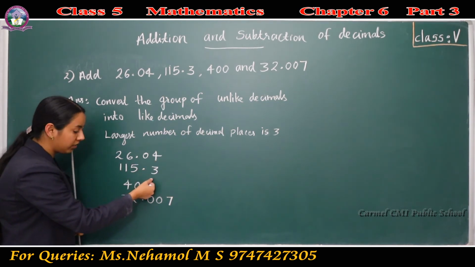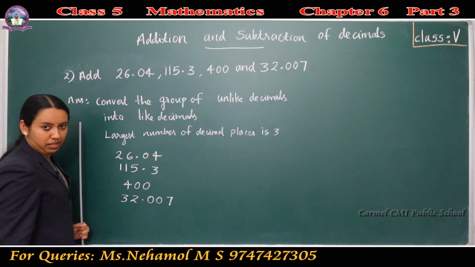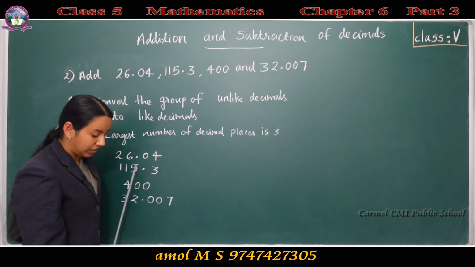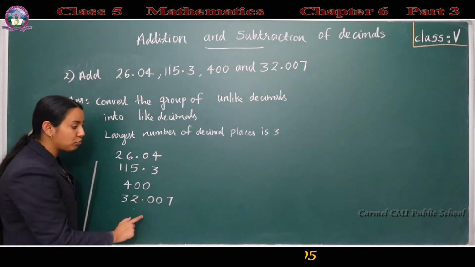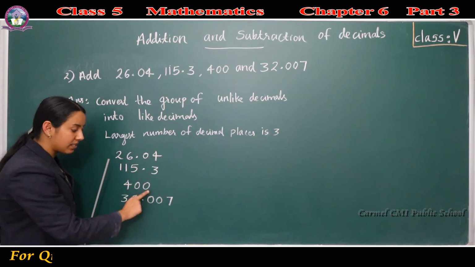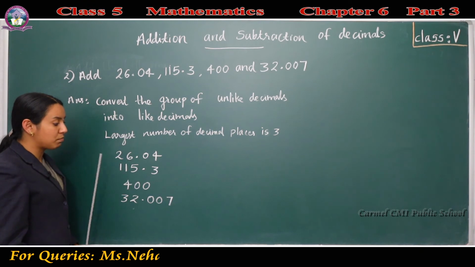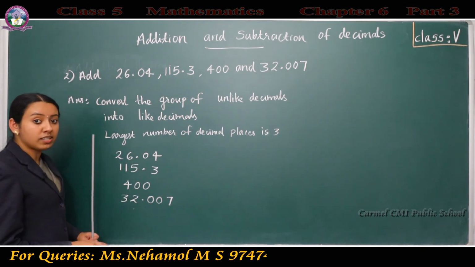Here 1, here no decimal place, and here 3 decimal places. Largest number of decimal places is 3. So we have to make 3 decimal places in all these numbers by putting 0.